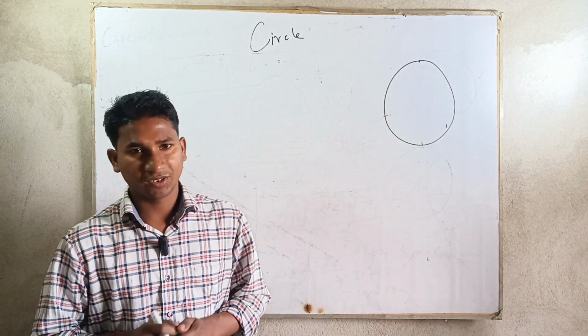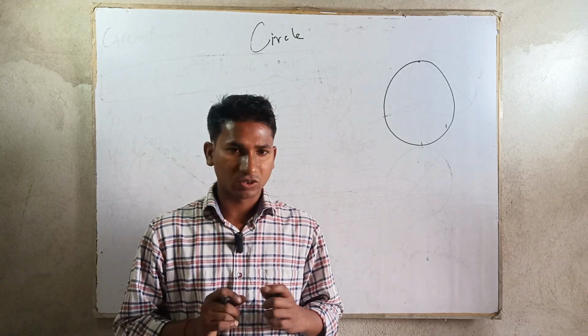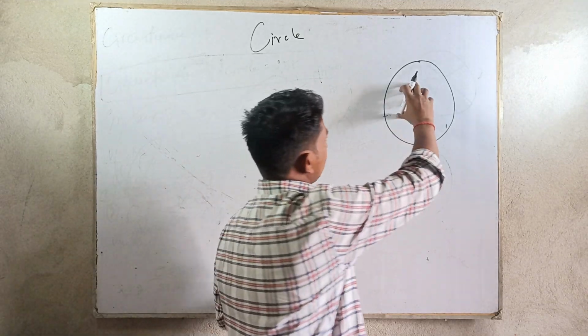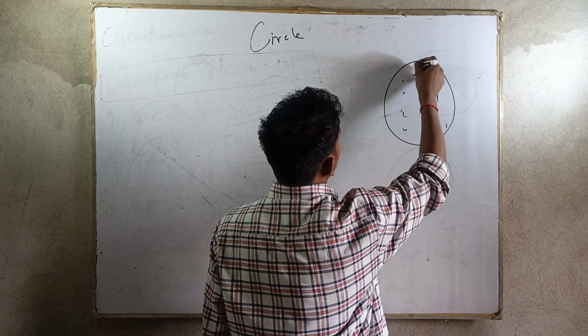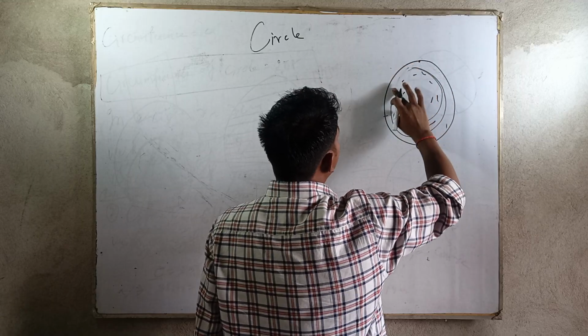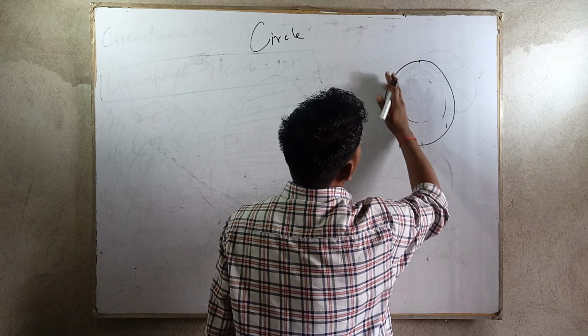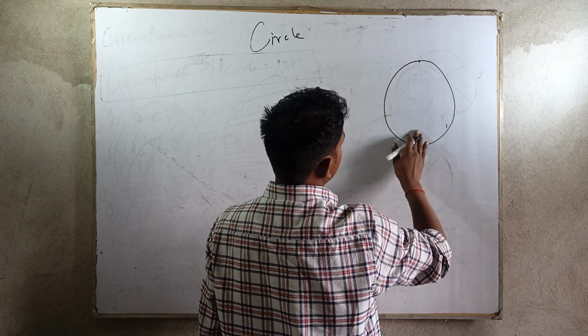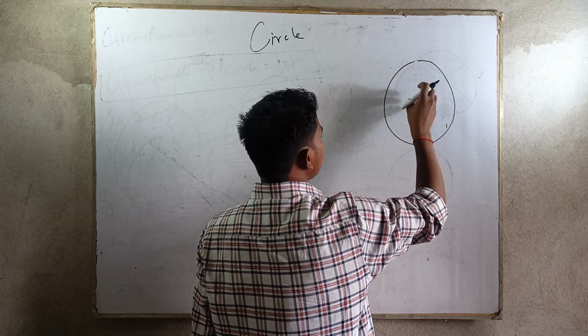Suppose I am digging on the ground, and this is the ground, and I'm digging and the soil is coming out. And this figure is being like this. So this is called a well, or anything you can say. So this all is the area of a circle.